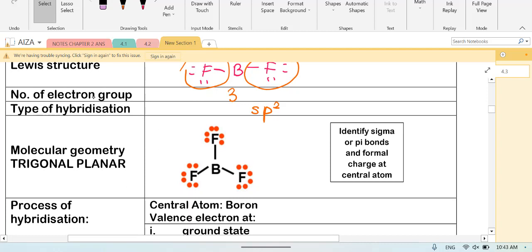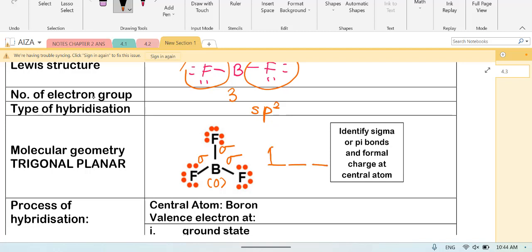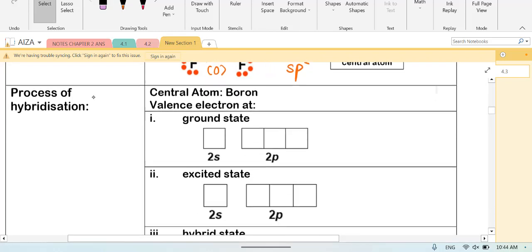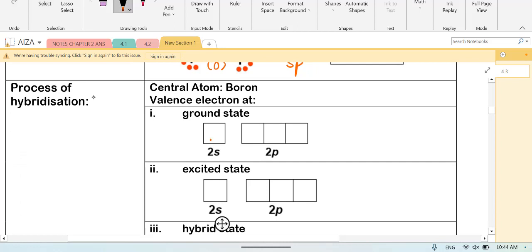The most important thing is to identify that at boron we have 3 sigma bonds, and the boron formal charge is 0. So boron needs to have electrons like this in order to make bonds with fluorine. To make the bonds, we will use valence electrons. Boron has 3 valence electrons.